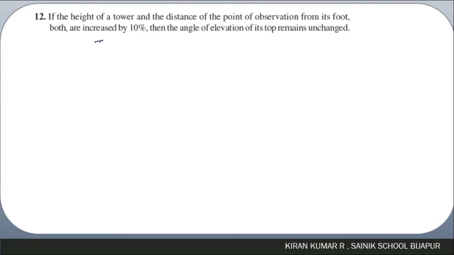Let me mention the tower as, say, TW. Let the angle of elevation be theta. Let this distance be considered as x. So from this figure, I get tan theta as h by x. Let me name this as equation 1.